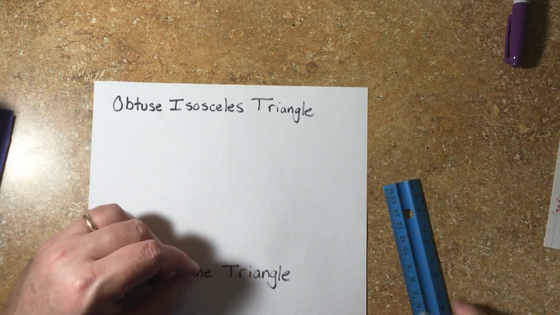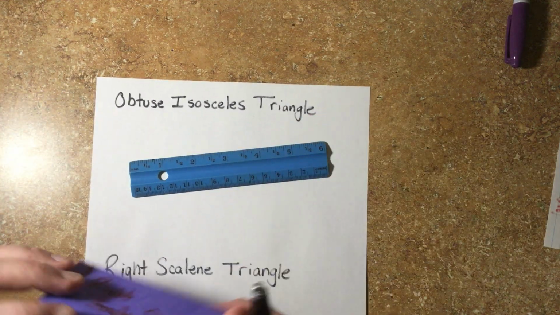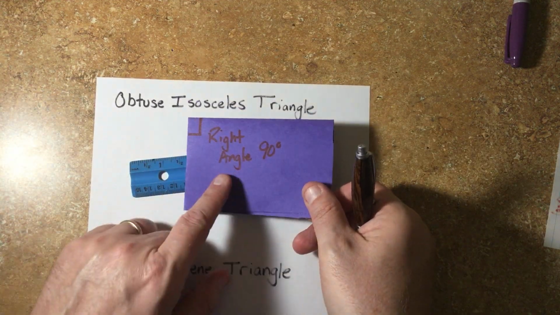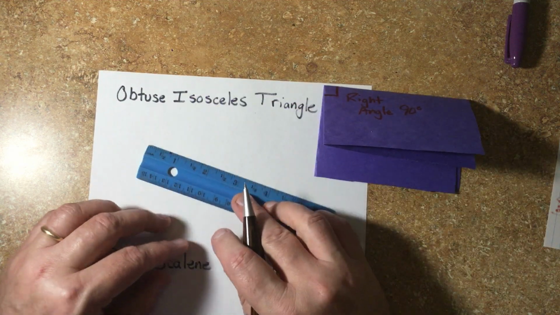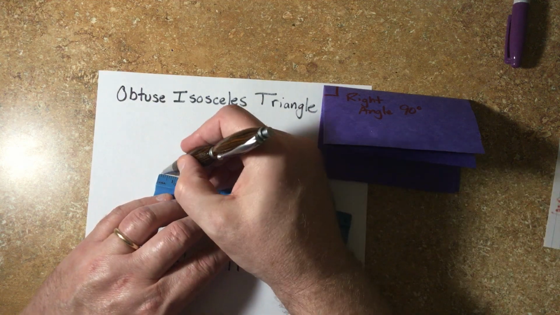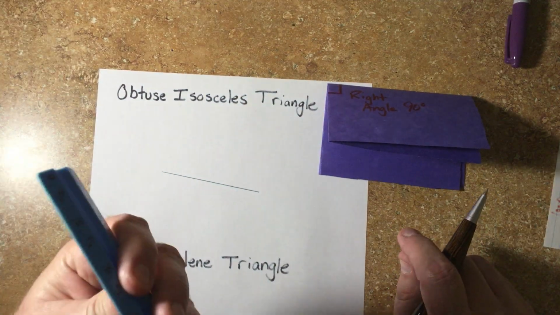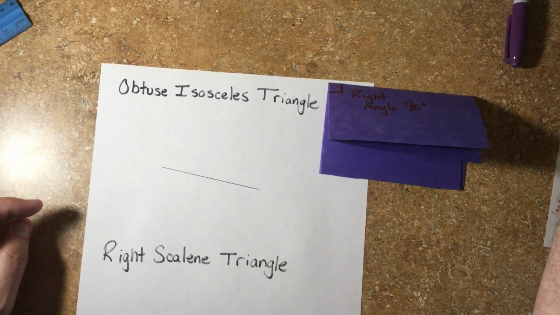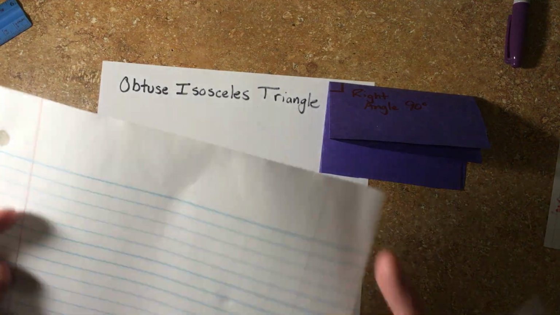So I'm going to use my straight edge, and I'm also going to use my right angle template here because I need to know if it's obtuse or not. I'm going to first just start off by drawing a line segment. And you don't have to have a ruler. You can actually measure without a ruler to make sure that you have the same size.